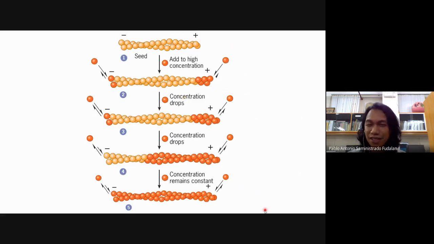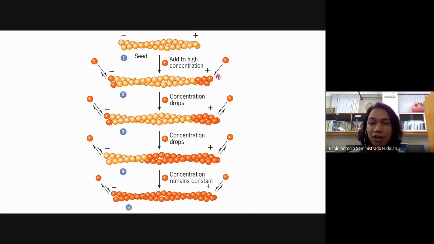This is the model of the growth of an actin filament. So we have the plus end on the right, minus end on the left. Notice on the minus end, there are also some additions of new components. But as the concentration of monomers drops, there is more removal of components in the minus end than adding.